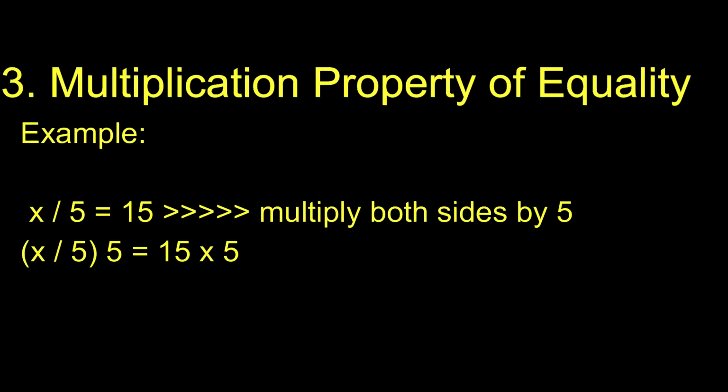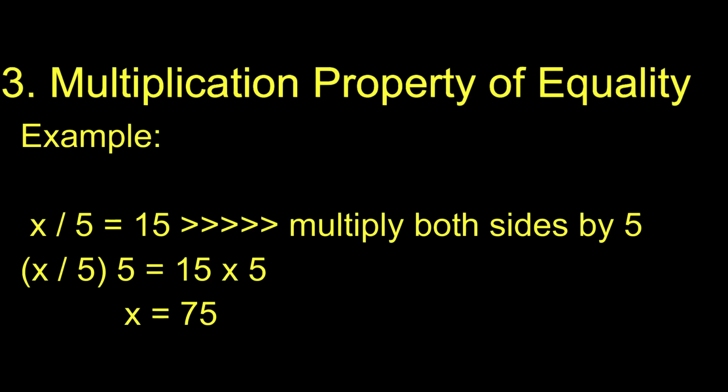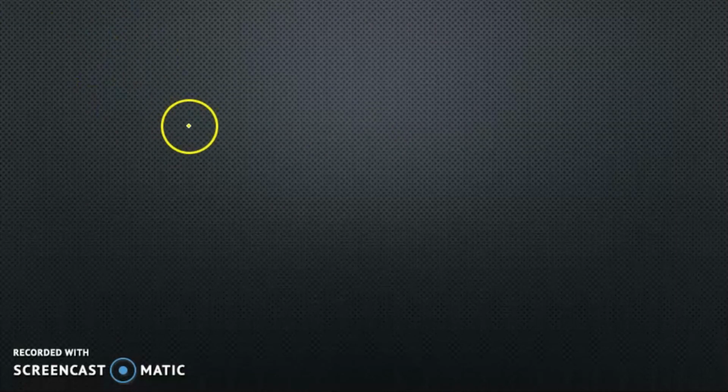So open parenthesis, x over 5, close parenthesis, times 5 is equals to 15 times 5. So x over 5 times 5 will be x, kasi ika-cancel natin yung 5. So 15 times 5 is equals to 75. So x is 75.